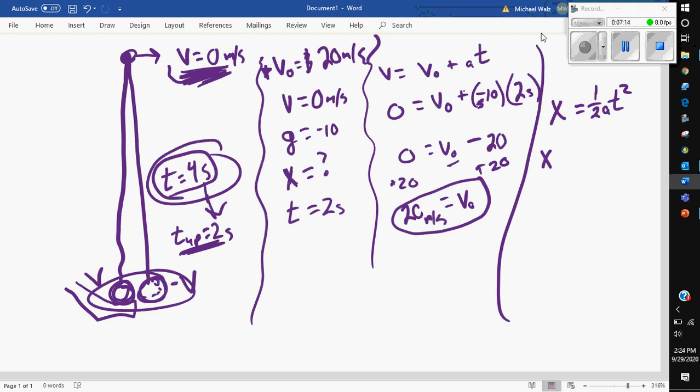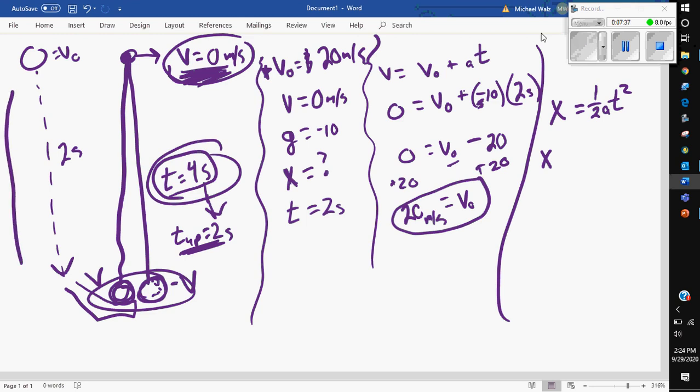So this is going up to this point right here, and instead of having that the final velocity, we're calling that 0 the initial velocity, and then we're going to drop the ball because we know it takes 2 seconds to drop from that point, just like it would take 2 seconds to go up from that point, right? Especially because it's starting and stopping in the same spot.